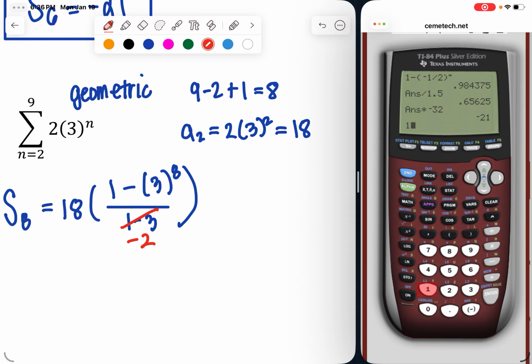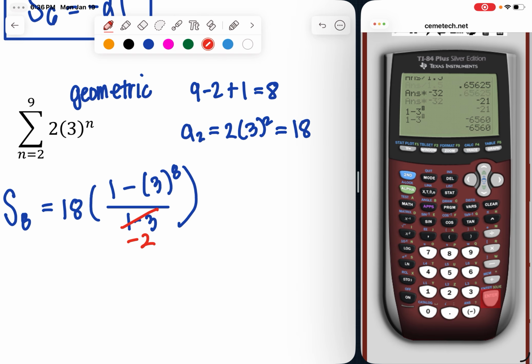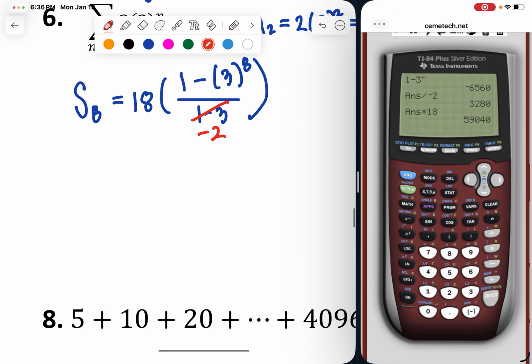All right, 1 minus 3 to the 8th. I notice I didn't need parentheses there because it's a positive 3. Divided by negative 2, and then times 18. All right, the sum of those 8 terms is 59,040.